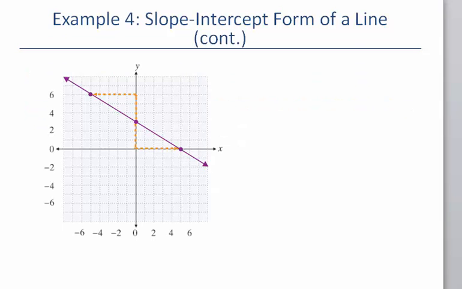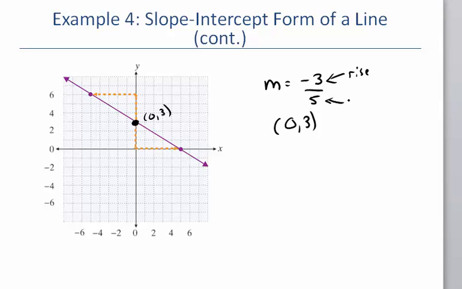All right, let's look at the graph. We were told that the slope was -3/5. And we were told that it passed through the point (0, 3). So I would begin by plotting the point (0, 3). So over 0, up 3, we'd put a point right here. To get my next point, I would want to remember that slope is rise over run.